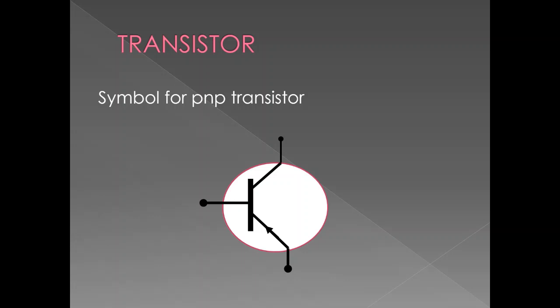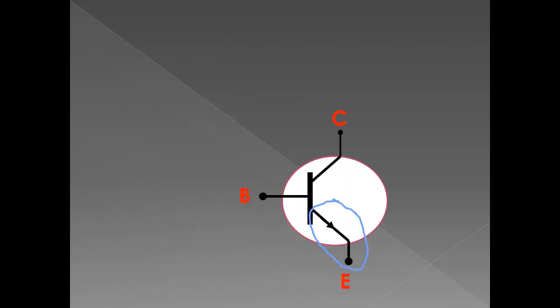And the symbol for PNP transistor. Okay, so please take note. What's the difference between NPN and PNP transistor?